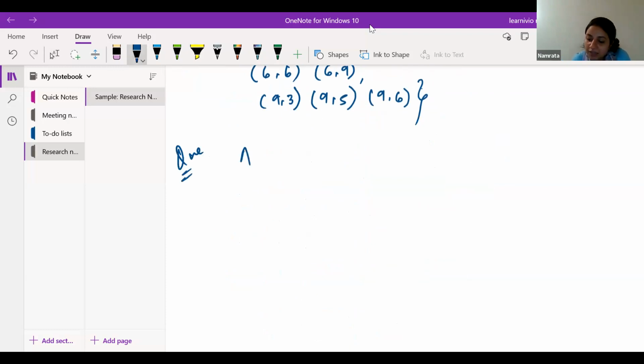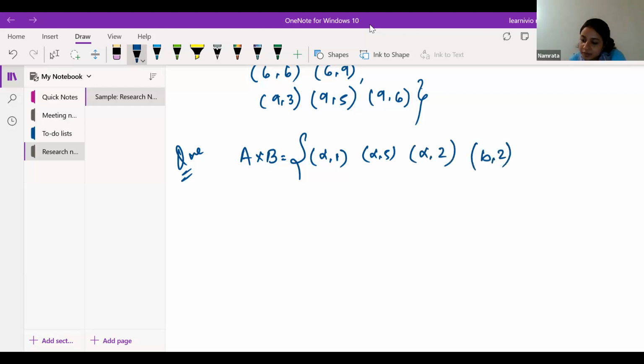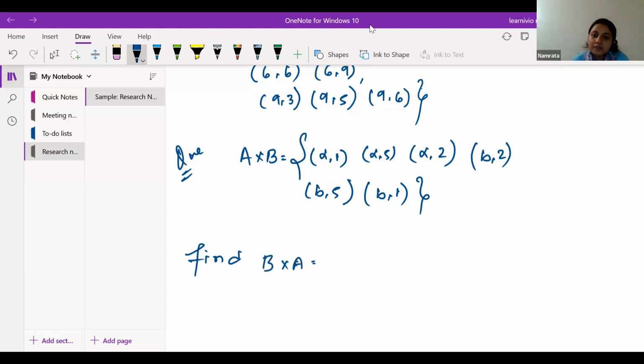So if we are having A cross B, which is already given as alpha 1, alpha 5, alpha 2, B2, B5, B1, then find B cross A. How we will find B cross A?